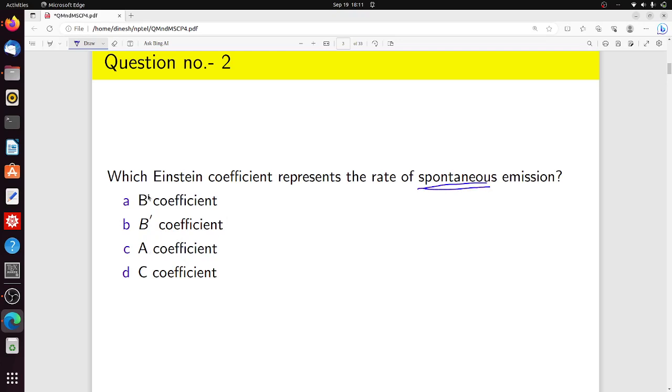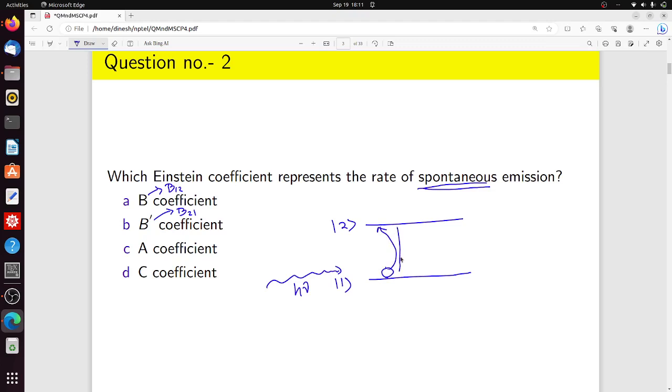So this B means, according to class, let me write it down. This is B12, B prime is B21. If there are two level systems, let it be state 1 and state 2, then when a photon comes and hits the electron in state 1, this electron will gain energy and go to the next state.